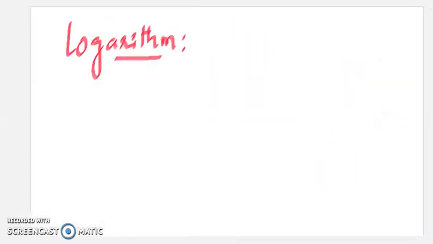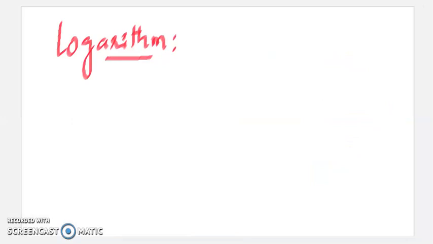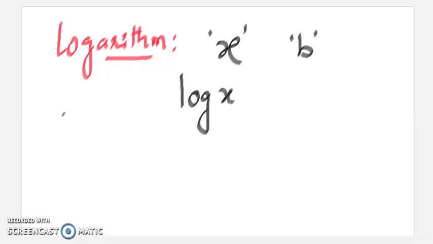Now, coming to the definition of logarithm. Logarithm of a positive number x with respect to the base b is denoted by log x base b.